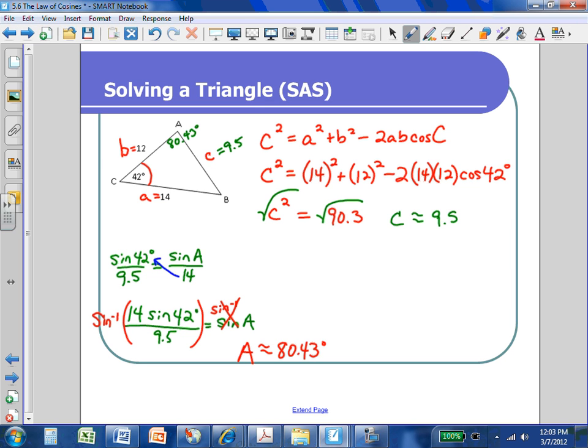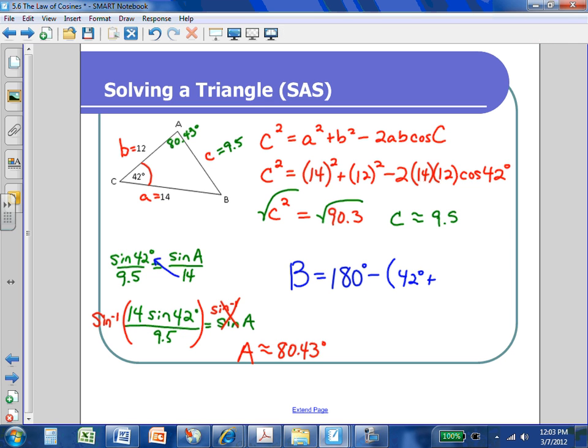So angle A up here is now 80.43 degrees. Once you have your two angles, we know all three angles in a triangle have to add up to be 180 degrees. So for me to find angle B, I'm going to take 180 degrees and subtract off the sum of my other two angles, which is 42 degrees plus 80.43 degrees.